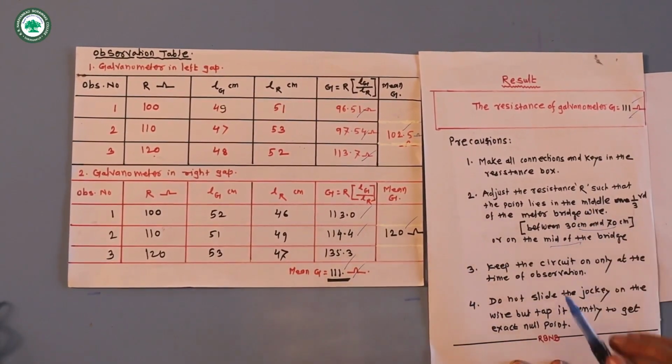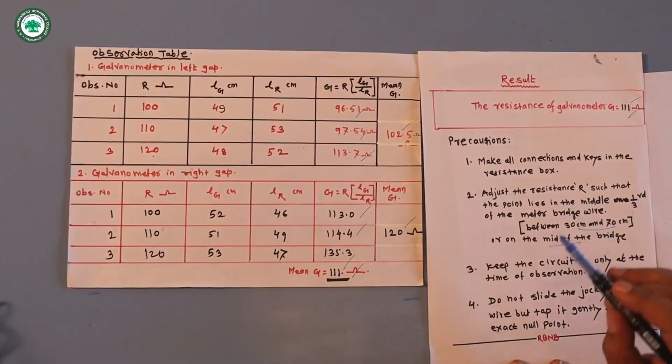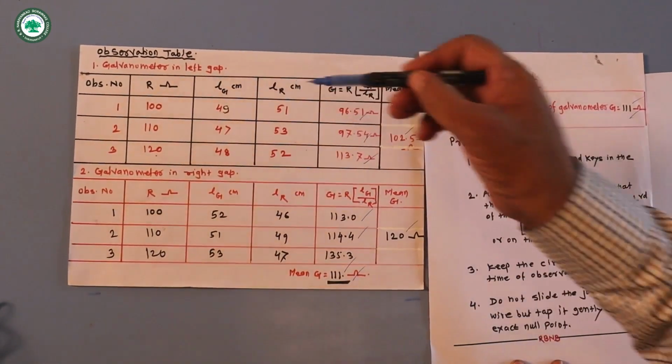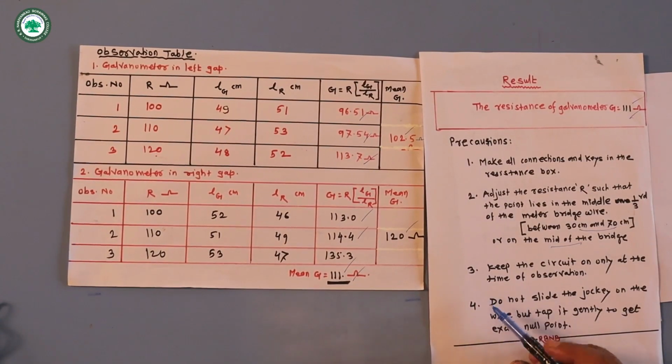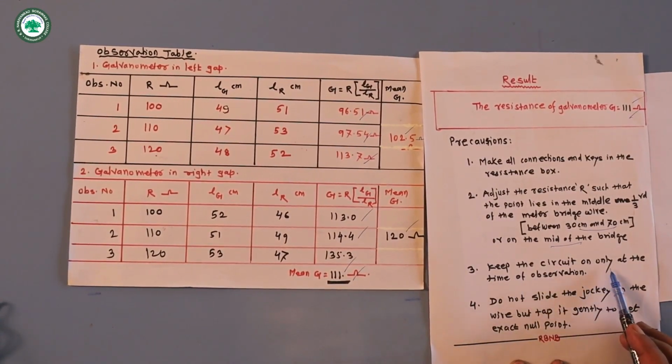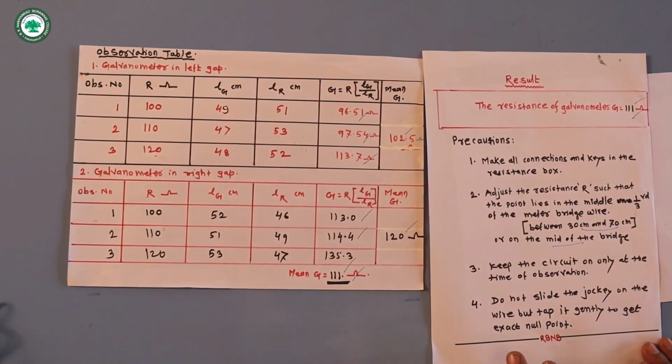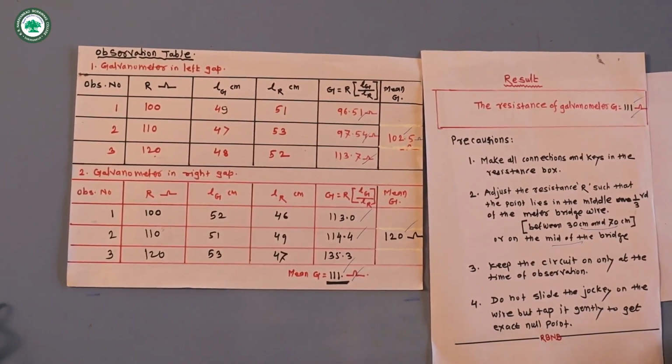This is a condition to easily find the values of this LG and LR. Then a third precaution, keep the circuit on only at the time of observations. And fourth one, do not slide the jockey on the wire but tap it gently to get the exact null point. Now in this way we completed this experiment.